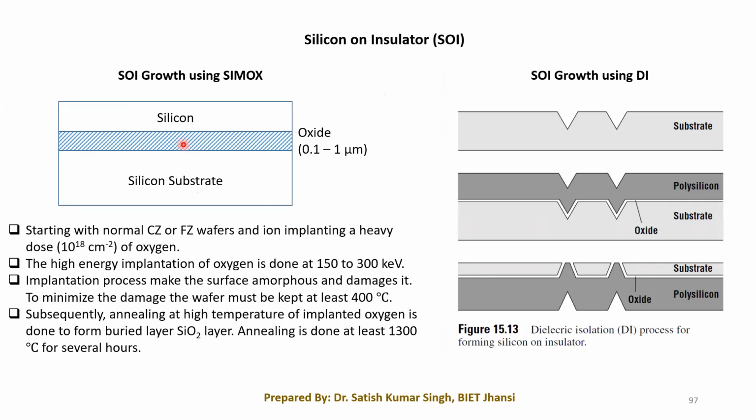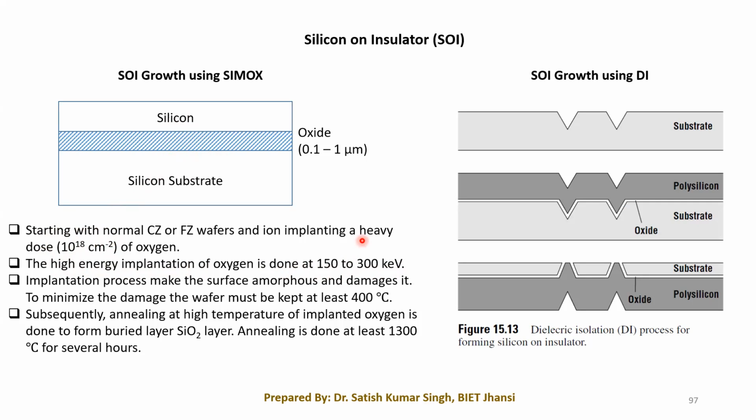A very heavy dose of the order of 10 to the power 18 per centimeter square is implanted with very high energy, about 150 to 300 kilo electron volts.